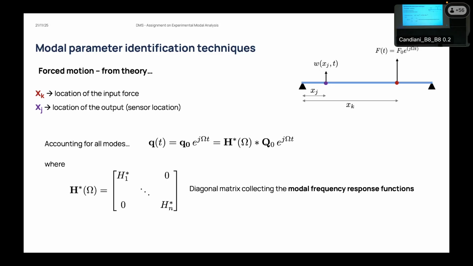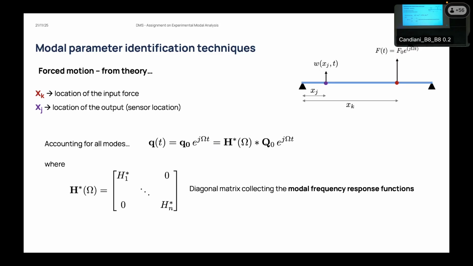If we remember that we don't have just qi, but we have a certain number of q, this means that the vector q can be described as the Q0 vector times e to the i capital Omega t.